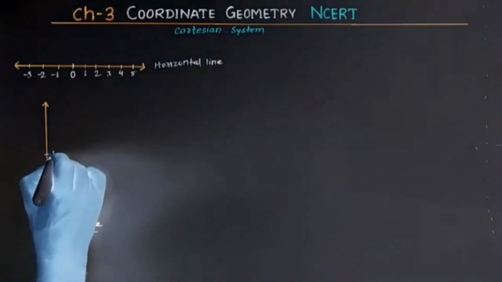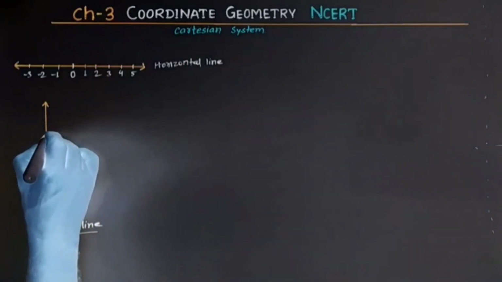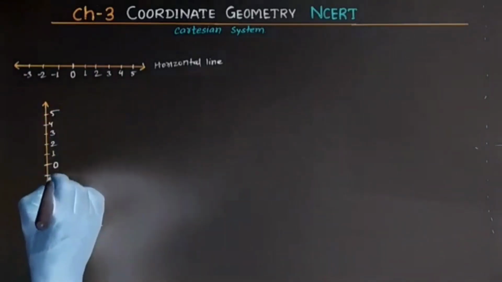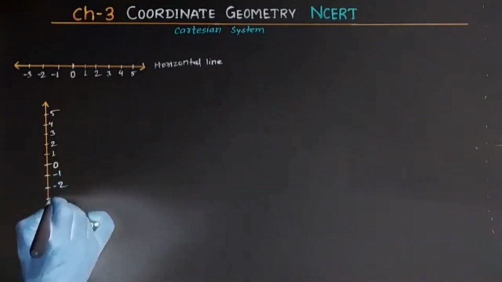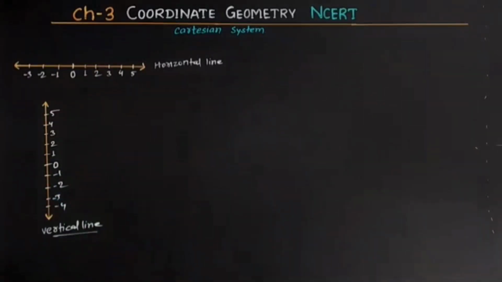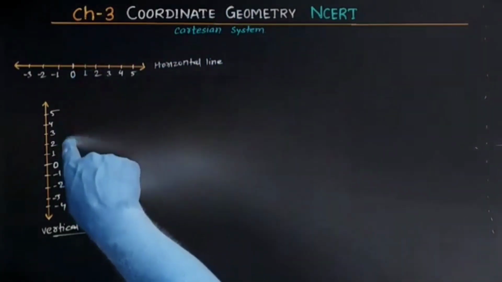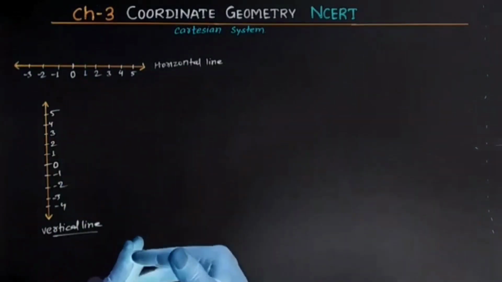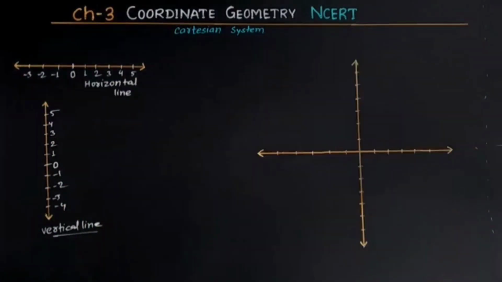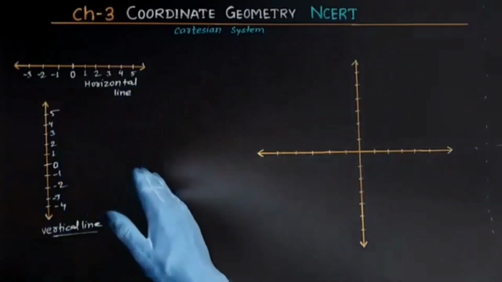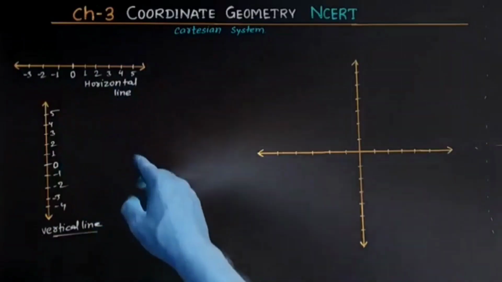So, upper points are positive 1, 2, 3, 4, 5. Similarly, downward values are -1, -2, -3, -4, etc. So, the left hand side values are negative and the right hand side values are positive for the horizontal line; the upward value is positive and the downward value is negative.